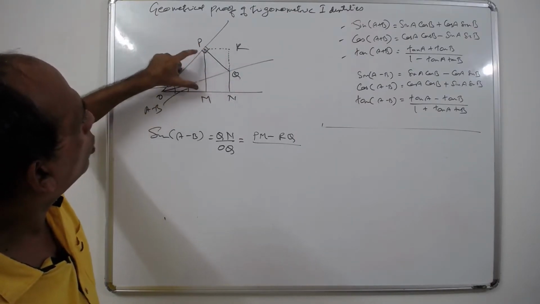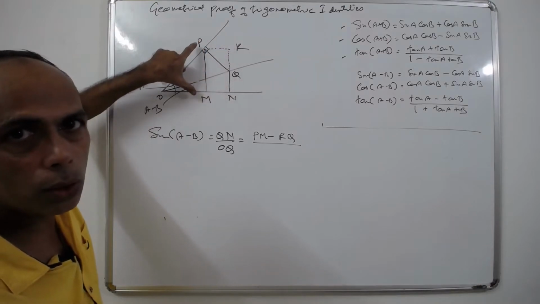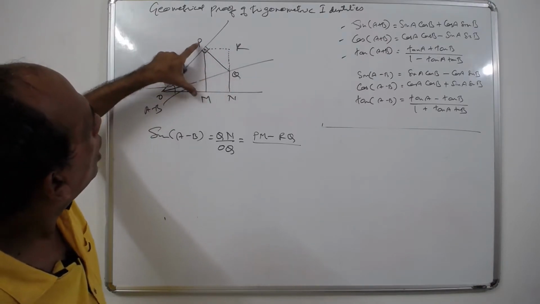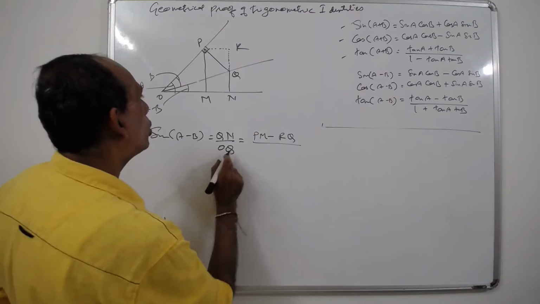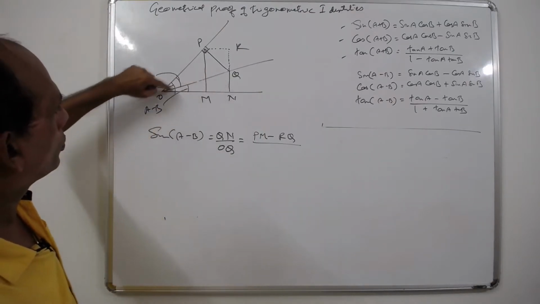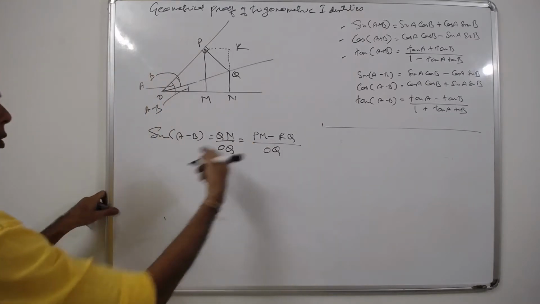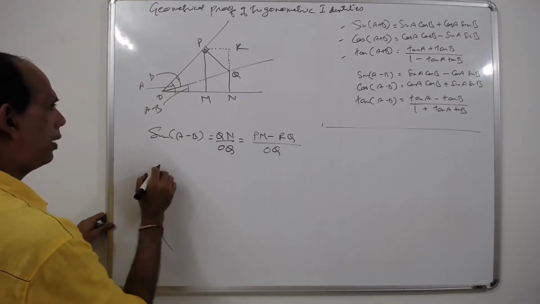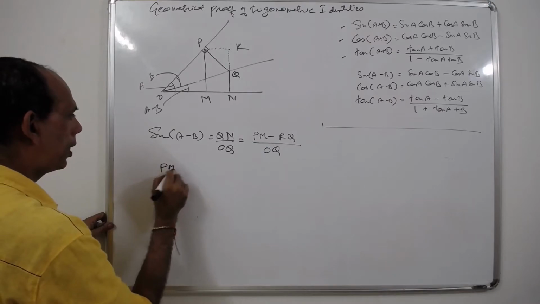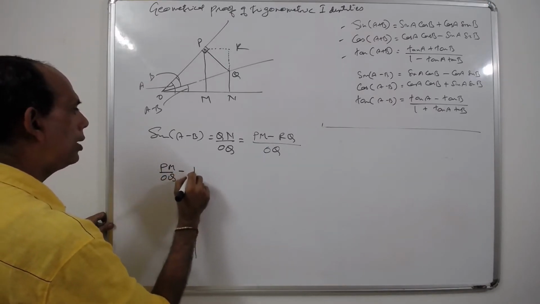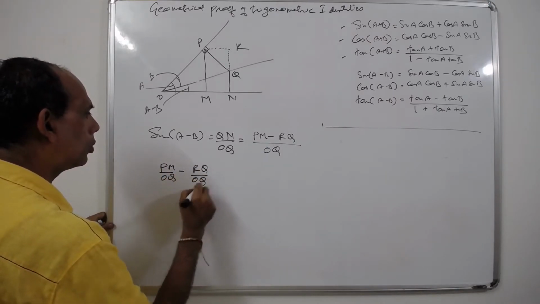It's the difference of the two. RN and RQ are the same. So I say QN is equal to PM minus RQ. OQ is here only. So now we divide both by OQ: PM upon OQ minus RQ upon OQ.